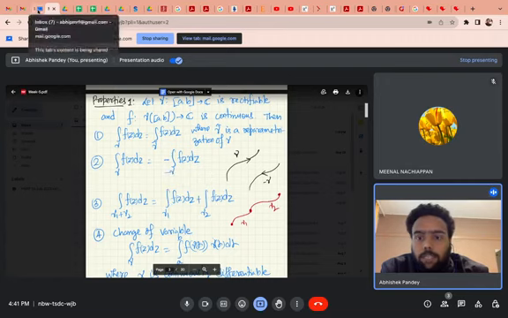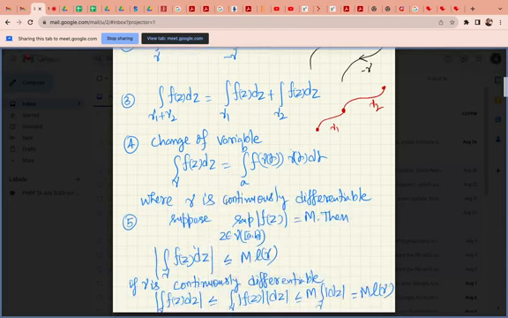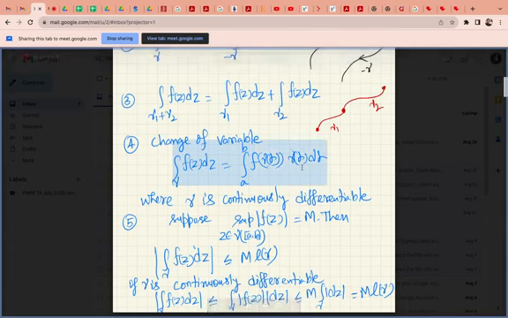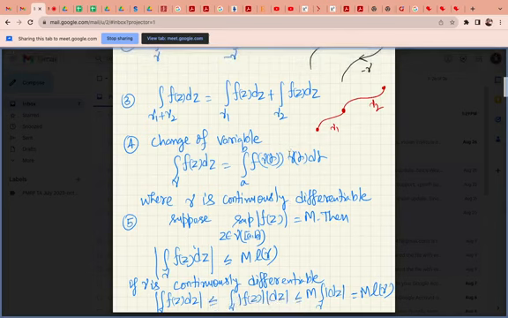We also have the change of variable formula for the integral of f over the curve gamma when gamma is continuously differentiable. It is the integral from a to b of f of gamma t times gamma dot t dt. This is the formula to calculate the line integral. It is used when gamma is continuously differentiable, because here we are using gamma dot t.